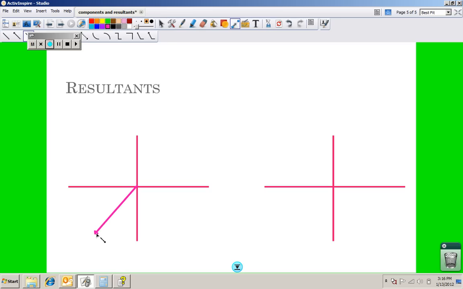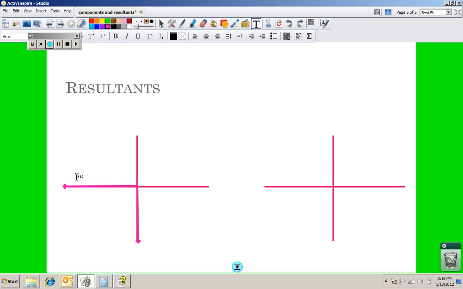If we have a force here, and a force here, okay, and let's say that the x component is 200 pounds and the y component is 200 pounds.